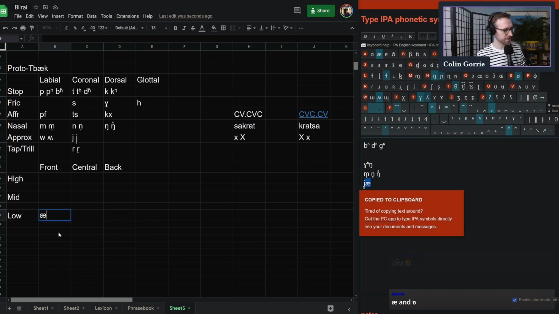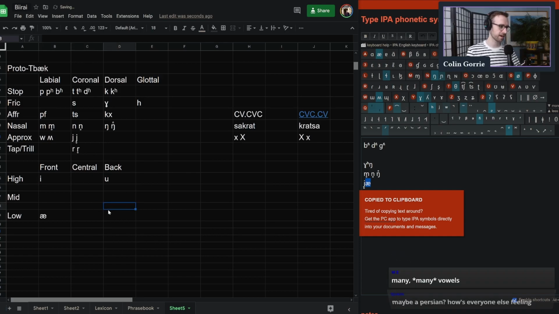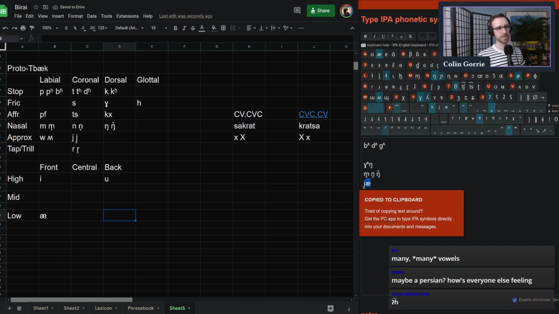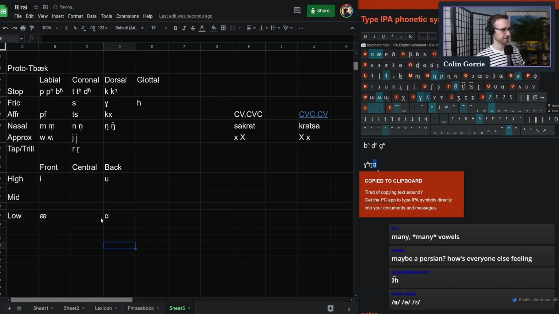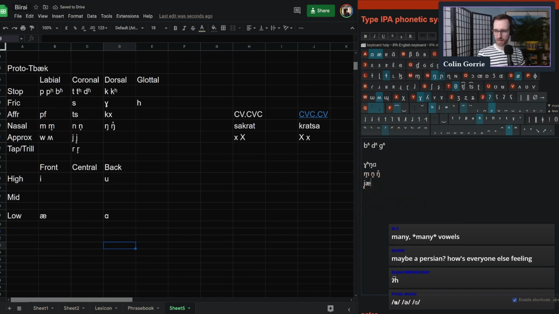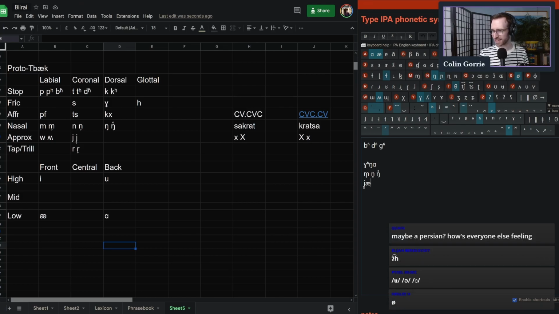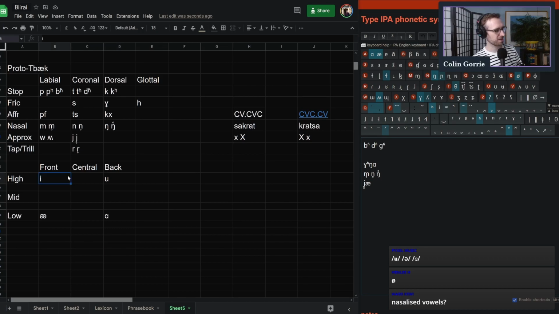I think that's just necessary. So let's get e and u in there. Let's get a, and I think maybe we should get ah in as well. So we have this truly symmetrical system. And then I see, yeah, Quain, nice. Front rounded vowels. Okay, let's do it.